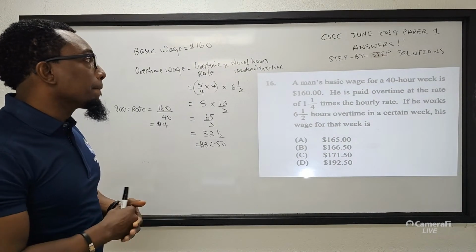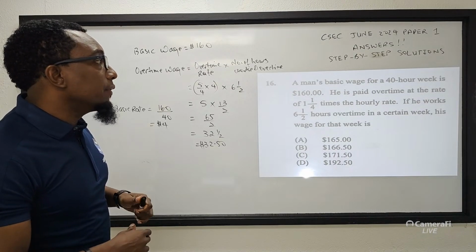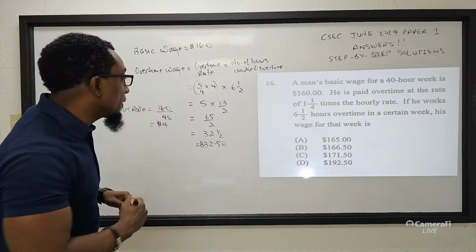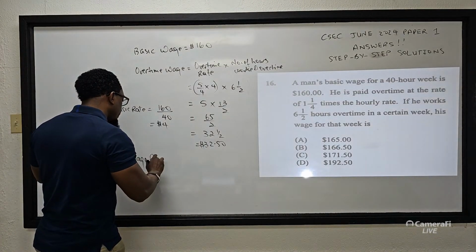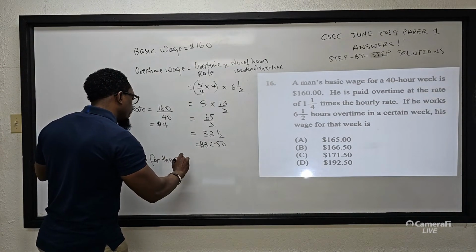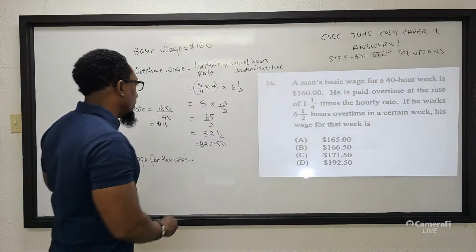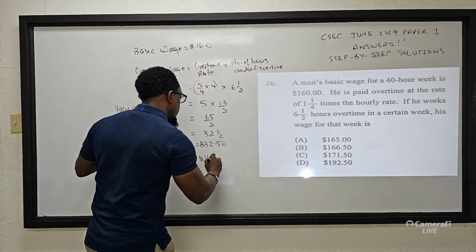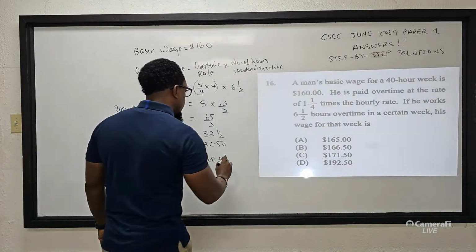So therefore, the question asks, if he works 6.5 hours overtime, his wage for the week. So what is his wage for the week? His wage for the week will be equal to his basic wage of $160 plus his overtime wage of $32.50.